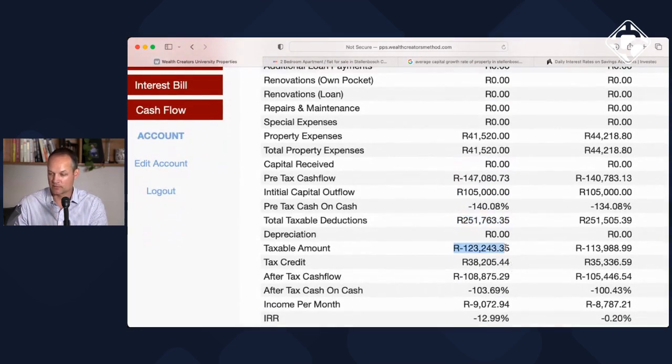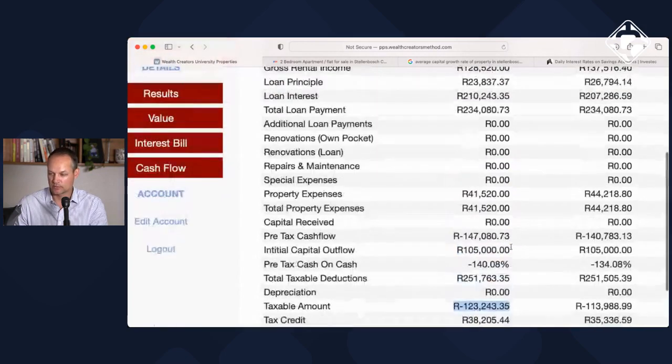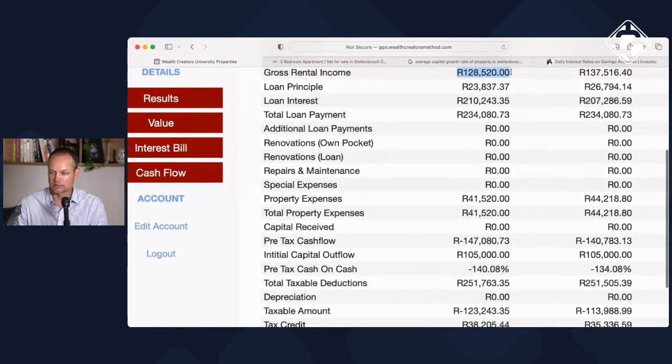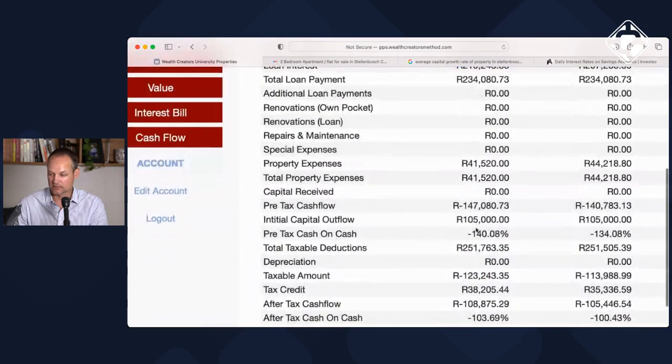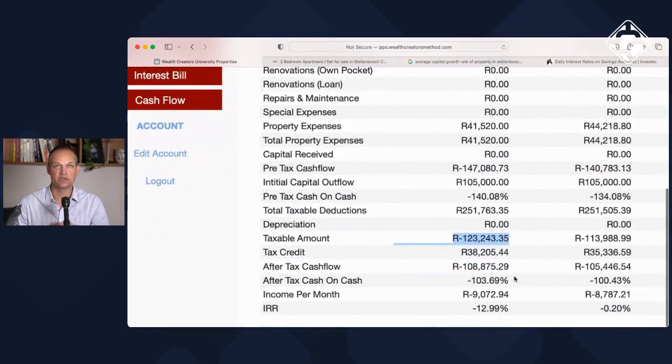The taxable amount, well, what is that? That's my income, the 128,000, less the deductions that I have. So the taxable amount is actually a negative amount. Instead of me earning money, I'm actually investing money for a future date. And that means, depending on where I land on the sliding scale of my marginal tax rate, I can actually get a tax credit of 38,000 rand.